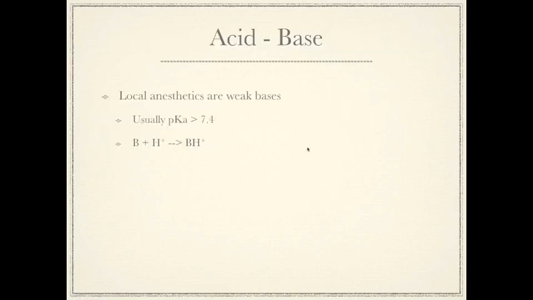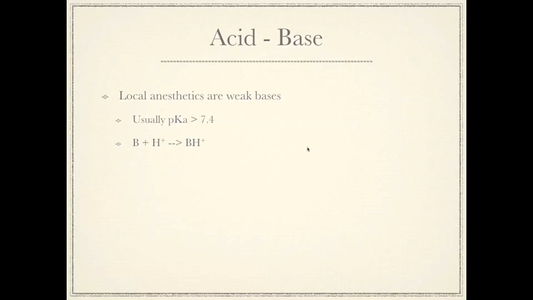So now getting into the acid-base physiology here. The pH of the physiologic environment is 7.4, which is slightly basic, but you also have to keep in mind that these local anesthetics are weak bases, and the pKa of the local anesthetics tends to be much higher than the pH in the local physiologic environment.